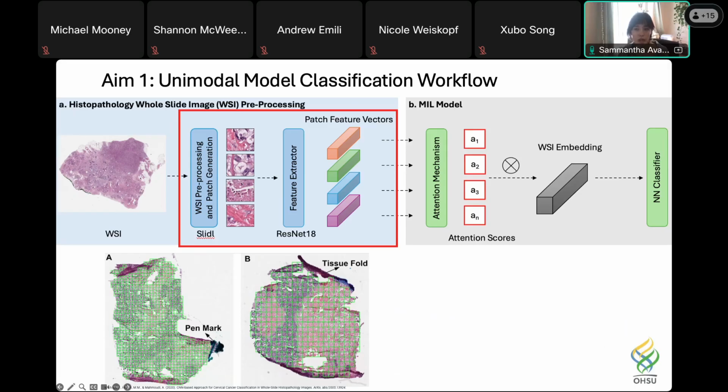And so while doing this, a major challenge that arose was that the Cancer Genome Atlas does not provide slide annotations. And so annotations are normally done by a pathologist that essentially marks key tissue regions within the slide. However, without having these annotations, we were then faced with the challenge of how do we identify and extract patches containing these key tissue regions.